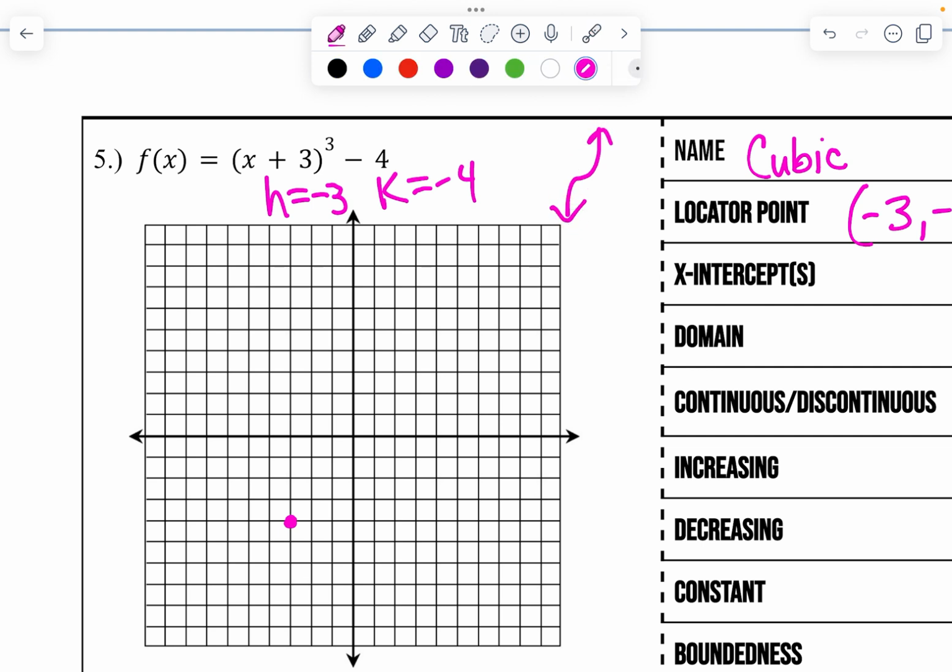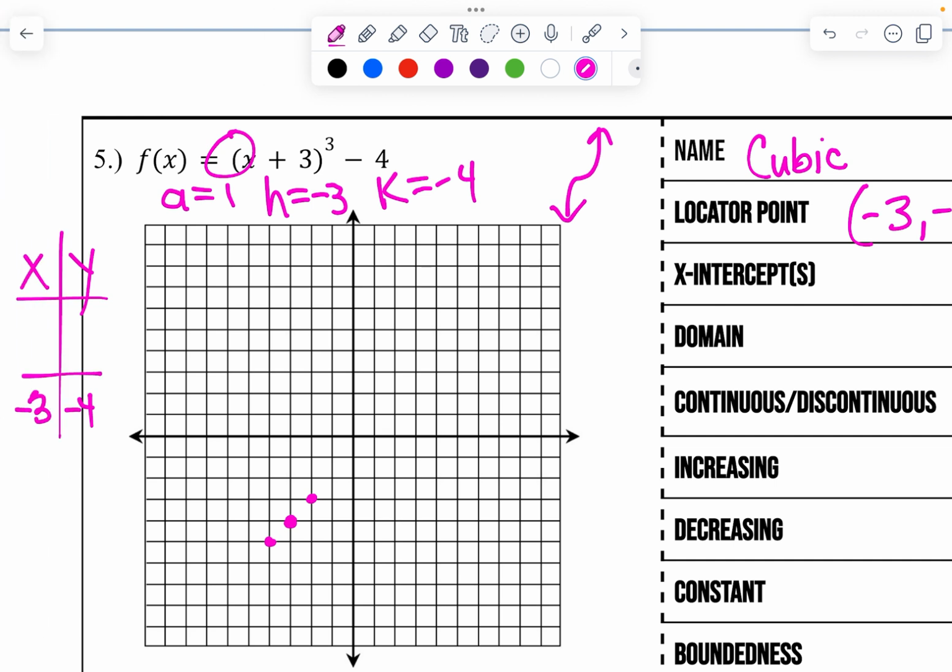So the 3 points on the diagonal, as long as a is 1, which it is in this case, we'll just go up 1 over 1 and down 1 over 1. But remember, you can always create a table of values. We know that our locator point is at negative 3, negative 4.